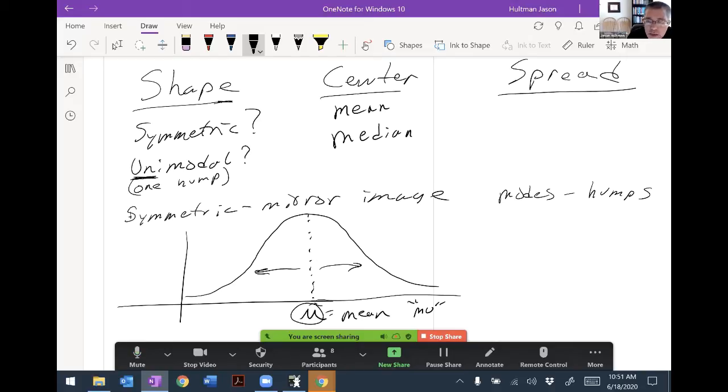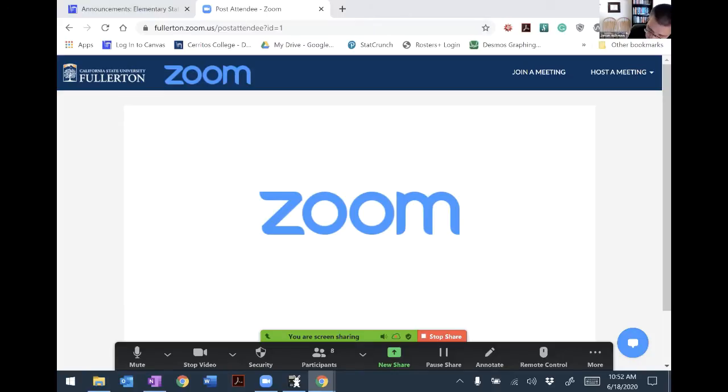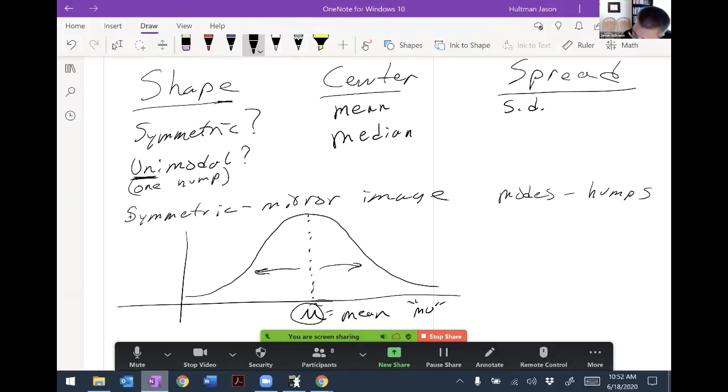For spread, in this class, we're going to talk about the standard deviation, and something called the interquartile range. We're only going to talk about standard deviation today. Interquartile range will be tabled for another time.